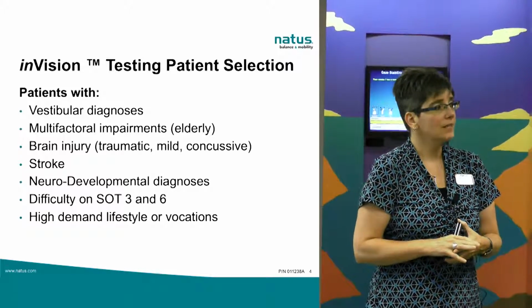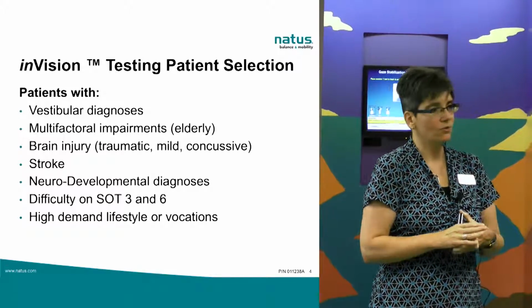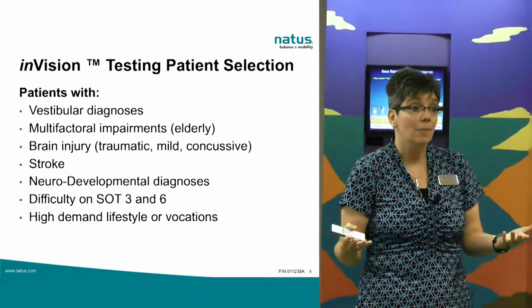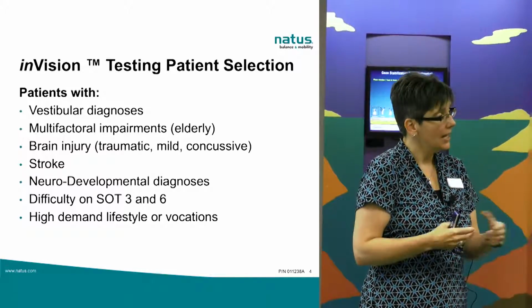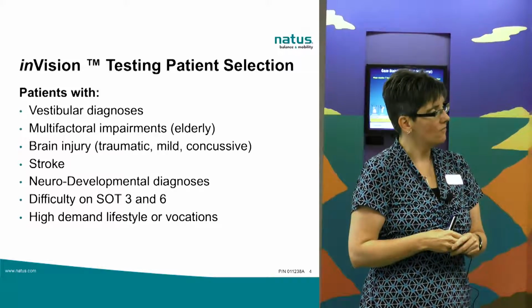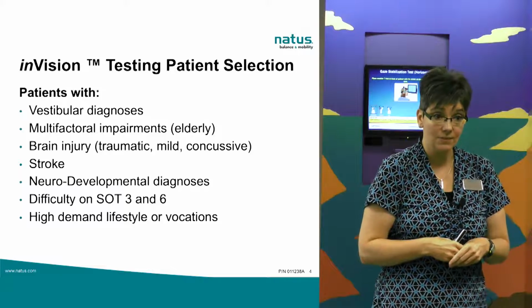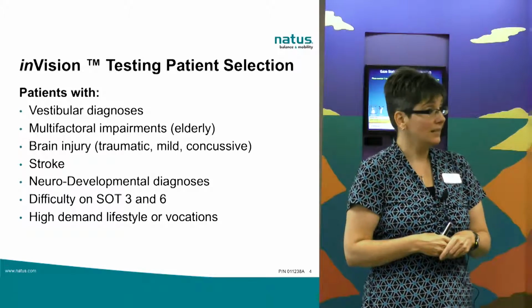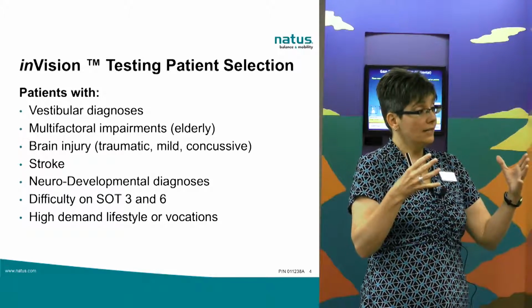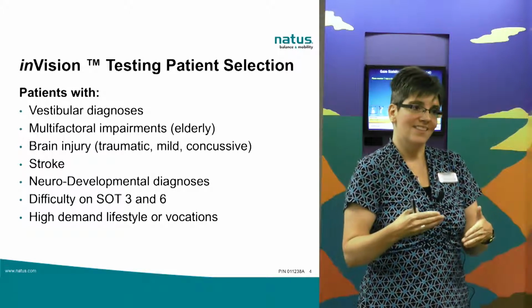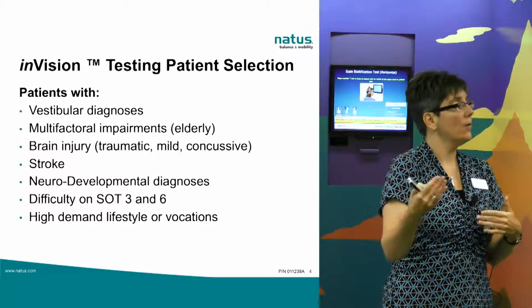vision. So this is a really nice test for sort of your typical patient, your balance impaired patient, your fall risk patient. It's also becoming very important for concussion rehab and concussion management. What we're seeing from the field is that when we treat a patient with concussion, there are things that improve quite quickly.